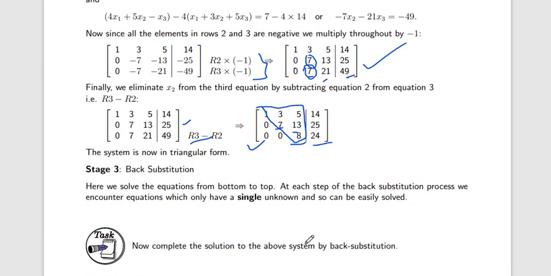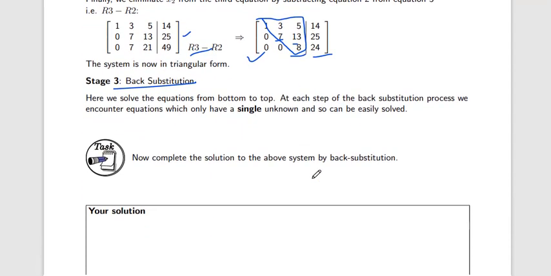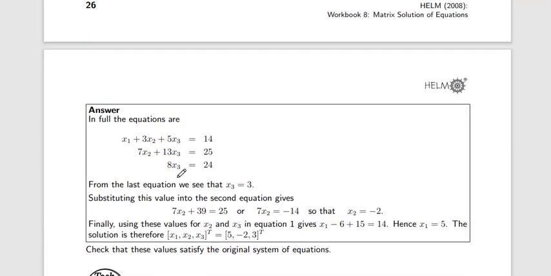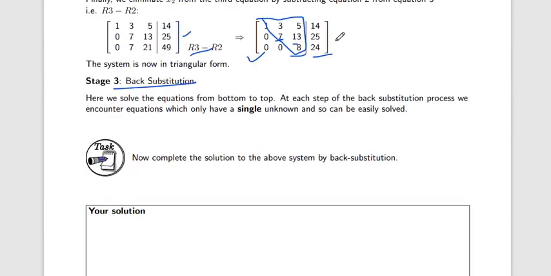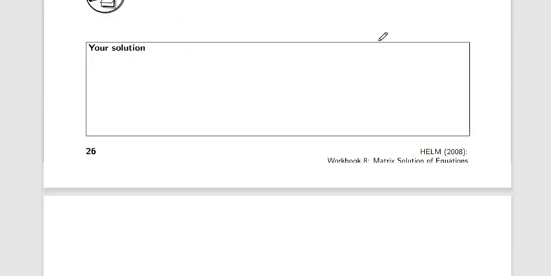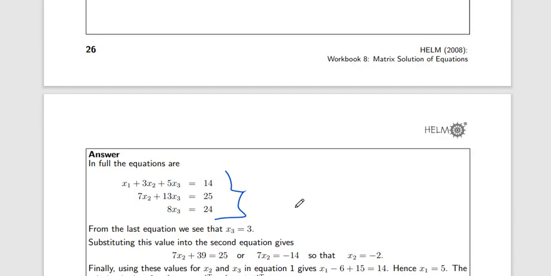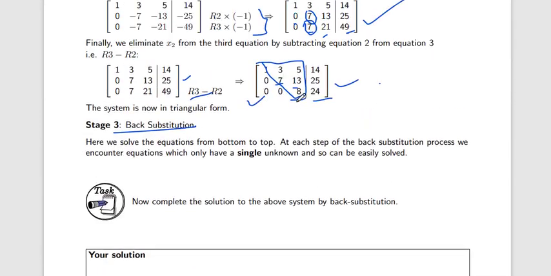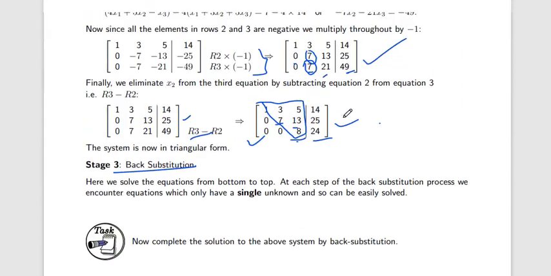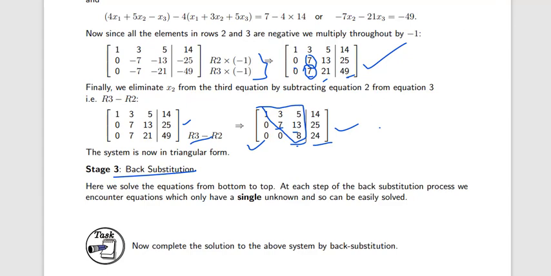Now the third stage, back substitution. How do we apply back substitution? Now we convert this type of matrix into equations. This is the coefficient of x1, so x1 plus 3x2 plus 5x3 is equal to 14.